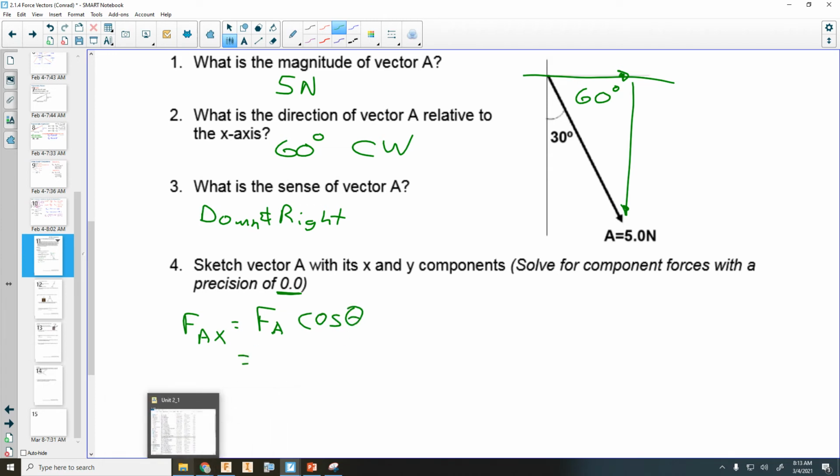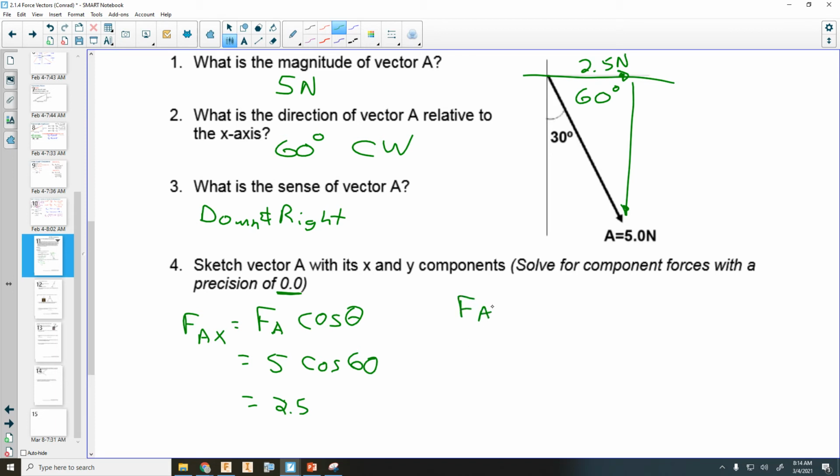So that would be 5 times the cosine of 60, which is 2.5. Okay, so this would be 2.5, and in this case we're in newtons instead of pounds. We have metric forces this time.